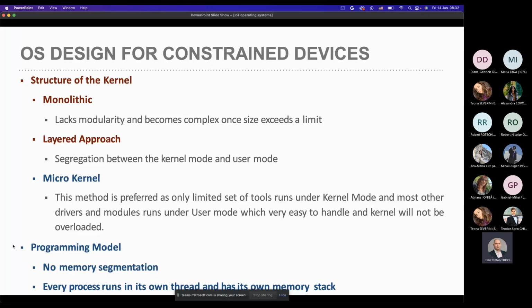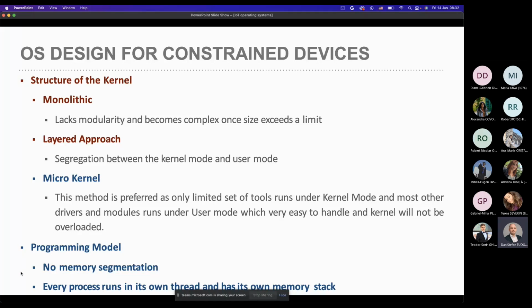Although this happens, of course, you have some facilities. For example, you can run separate threads, and these are concurrently executed by the operating system. You can have some sort of scheduling scheme for these threads, and you can have your own memory stack allocated, albeit that memory stack is very little.